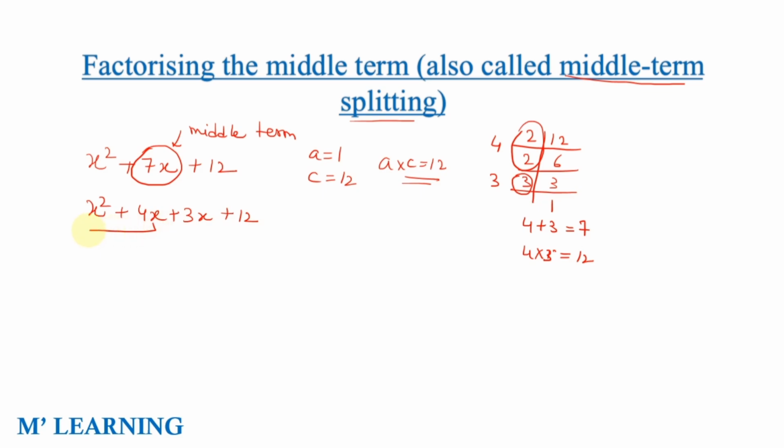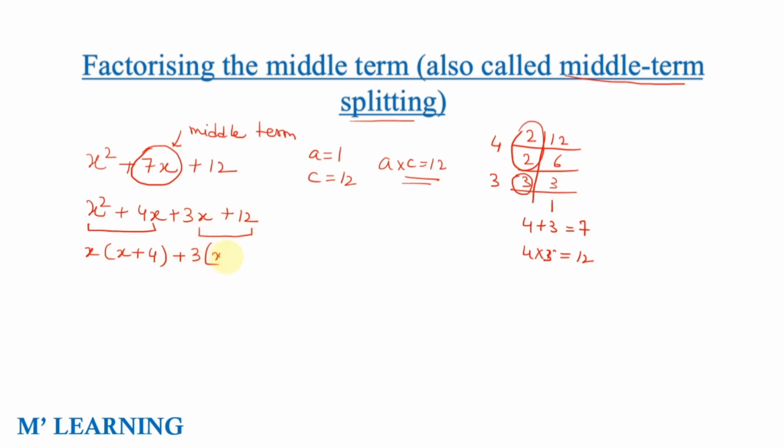Now we have to take common from these two terms and common from these two terms. So x square and plus 4x, we can see x is common here. So this term will be left with x and this term will be left with 4 when we take x common. Then plus 3, we can take 3 common here because 12 is a multiple of 3.